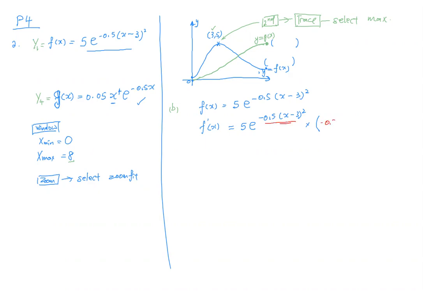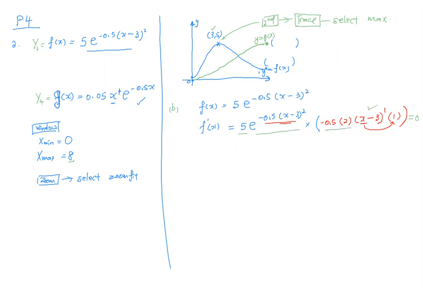Bring down the power, that is 2. Copy down the whole thing, power take away 1, times by the derivative of this one. Close. So you want it to be maximum, so you put this equal to 0. You know that this one cannot be 0, this one cannot be 0, all this cannot be 0.